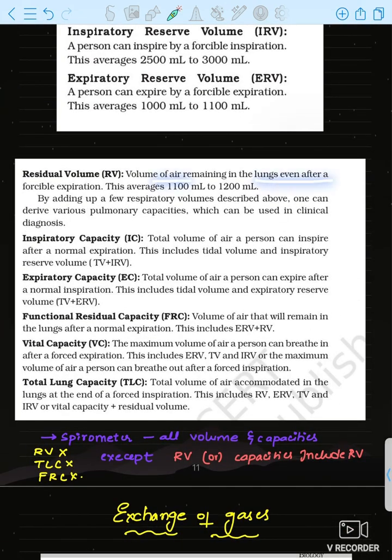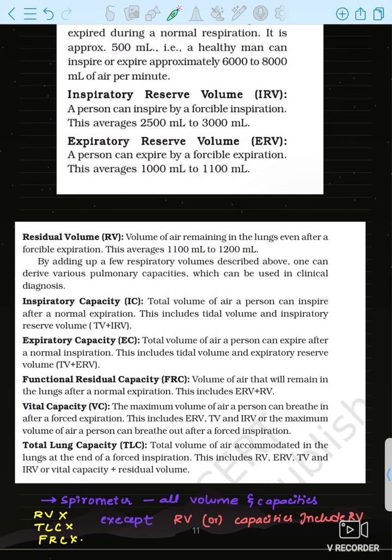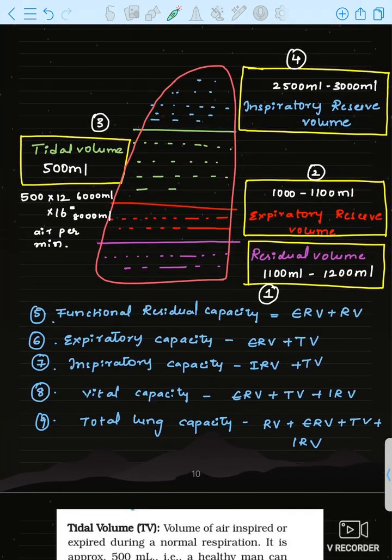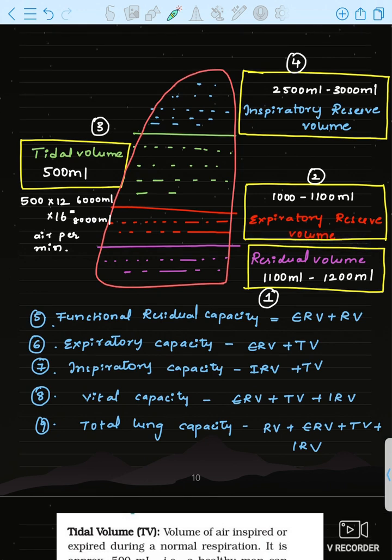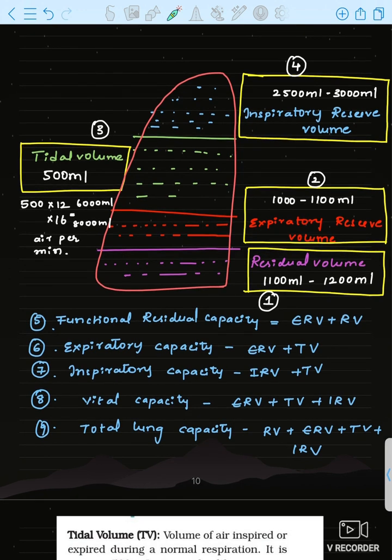It is 1100 ml to 1200 ml. From all these volumes, if we add, we will get capacities. Okay. Now we will learn here capacities. Just I explained the meaning of this through the NCERT definitions.